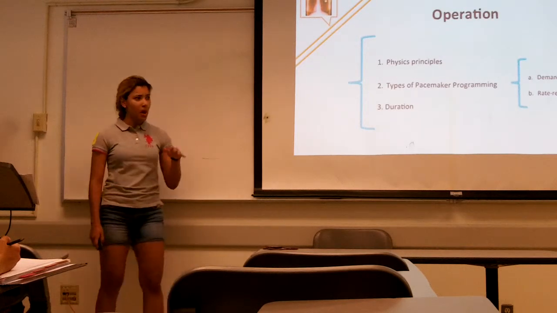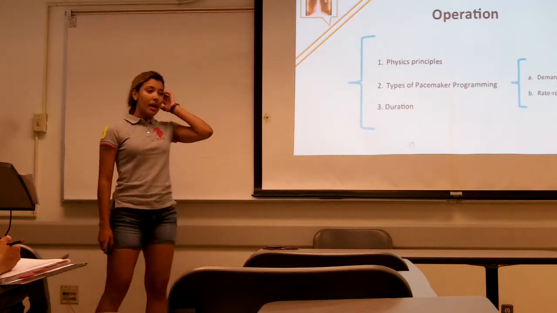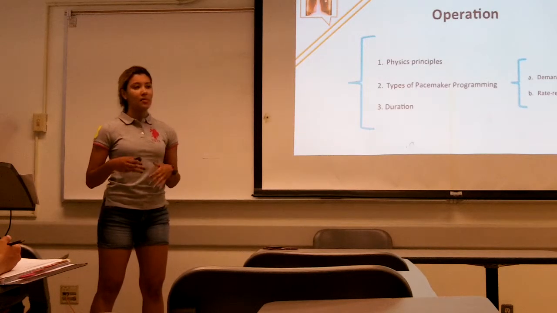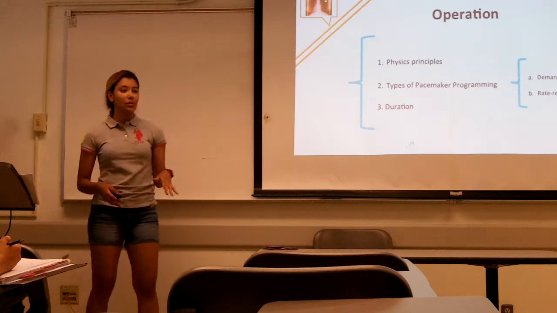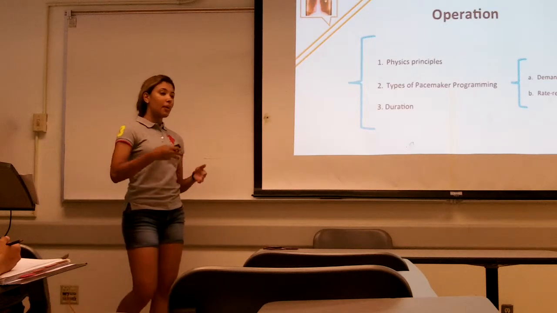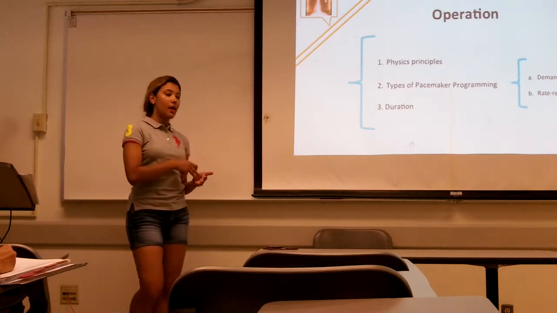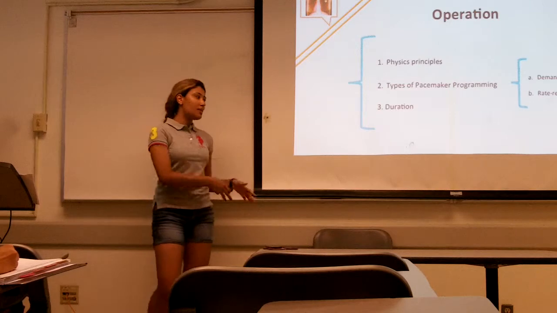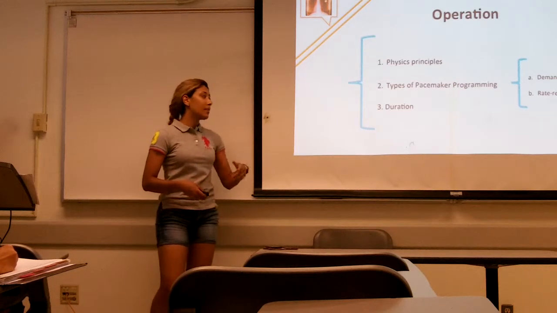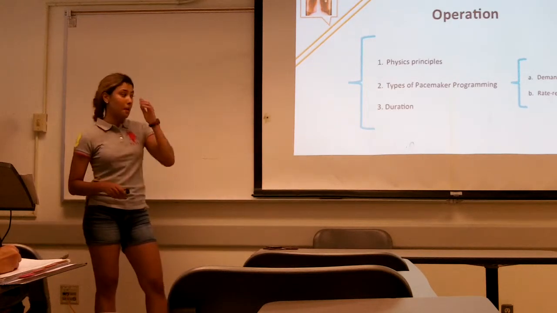The temporary pacemaker is also used in emergencies. For example, when a patient is in the hospital waiting for a permanent pacemaker, but he's almost dying, so the doctors need to put in a temporary pacemaker.